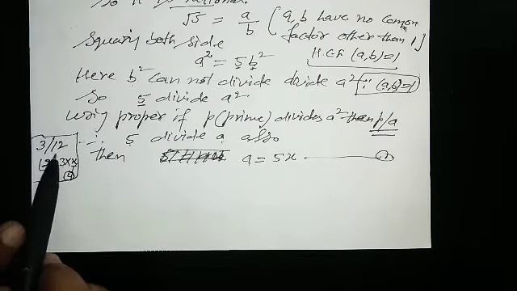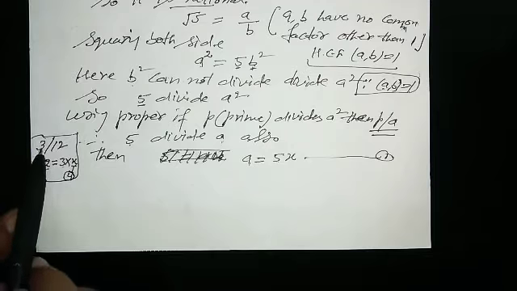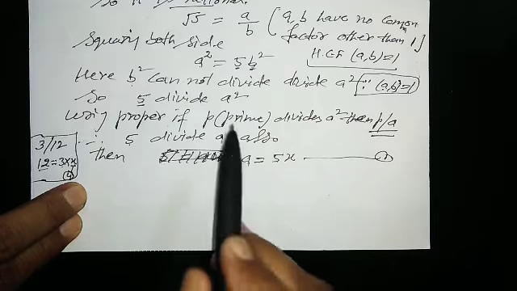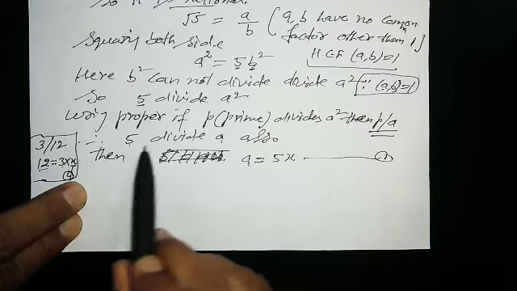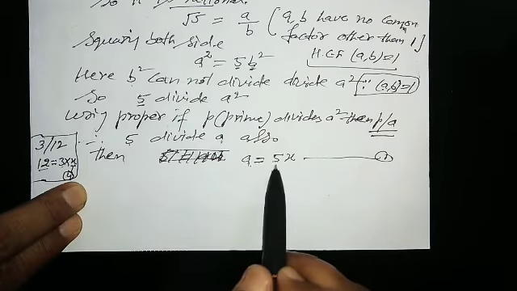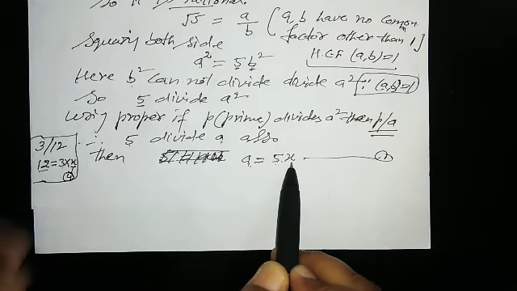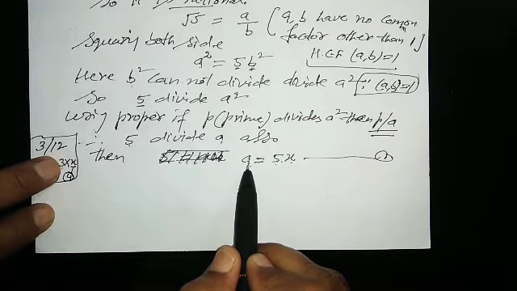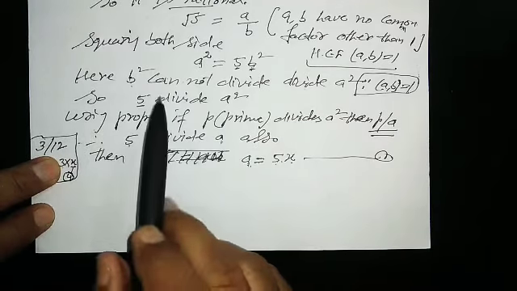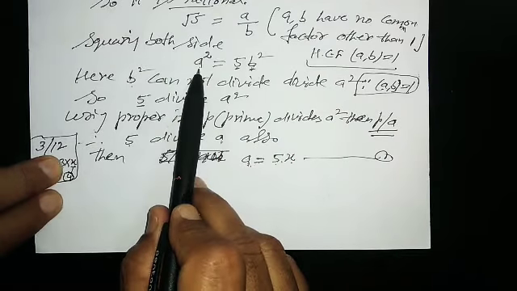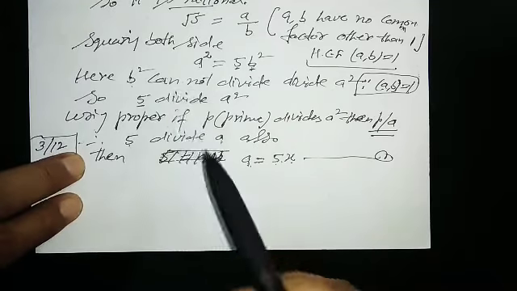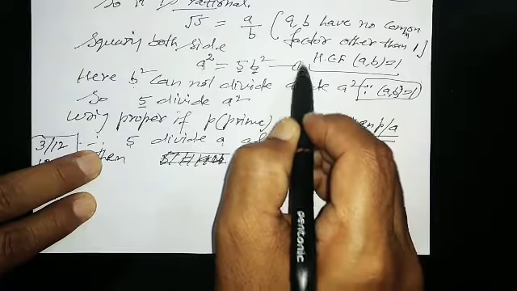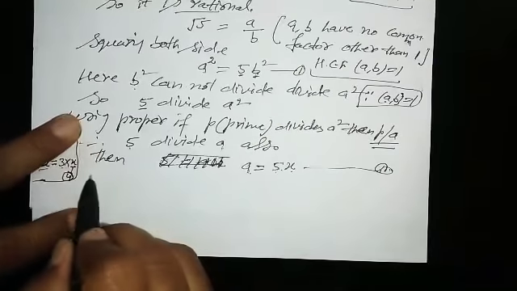As I said, 3 divides 12, and this 12 can be written as 3 multiply something, and here also 5 divides a, so this a can be written as a product of 5 with a number. You can take any number like x. Now this value of a can be put here. Name these equations 1 and 2.